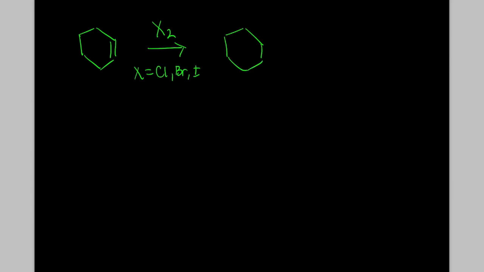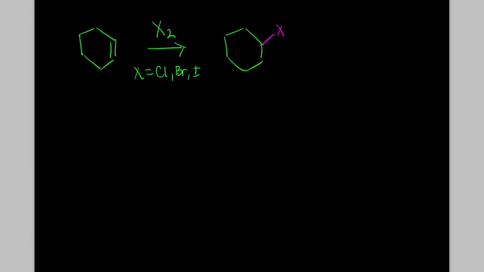Let's look at some more reactions, okay? If we have an alkene, this can react with a halogen, okay? And so again, X is your chlorine, bromine, or iodine. And what you form from this is a halogenated product, okay?